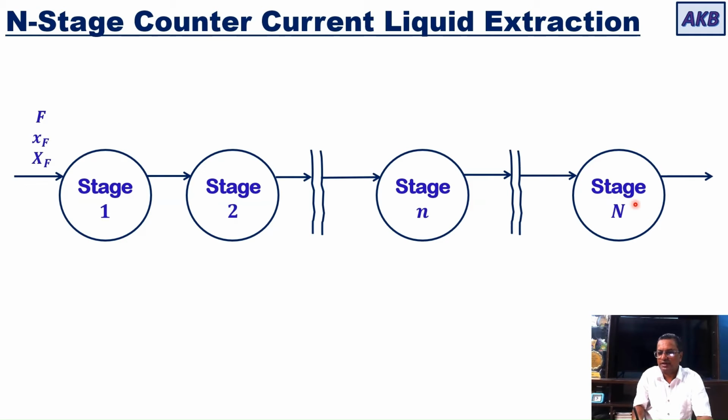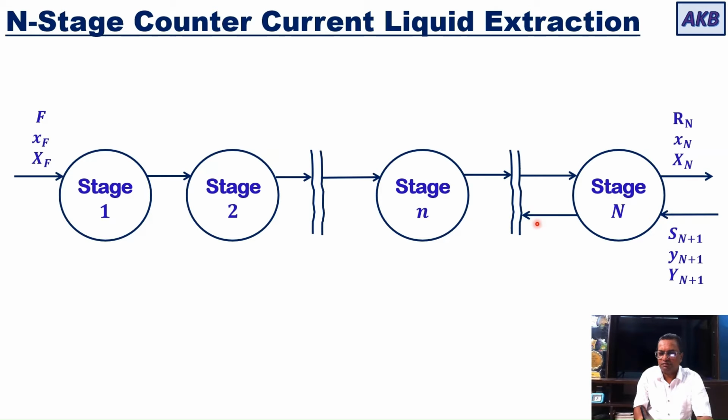From the final stage, that is stage N, we will get the final raffinate. Solvent is admitted to the last stage in the cascade. Then it will move from one stage to the other, from stage N onward. I will tell you what the notations are.